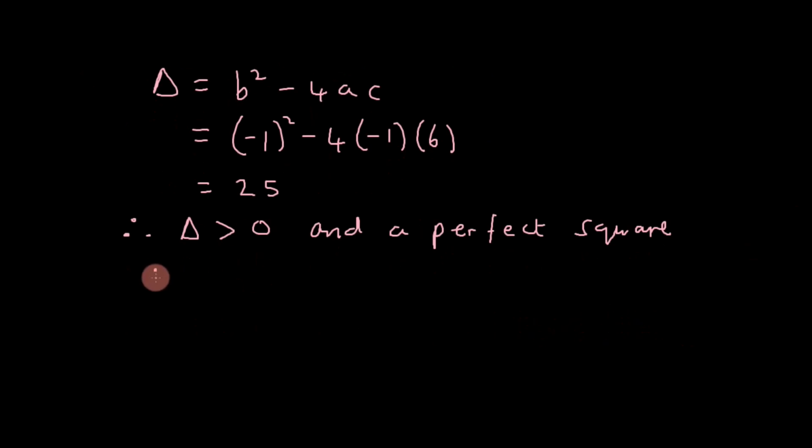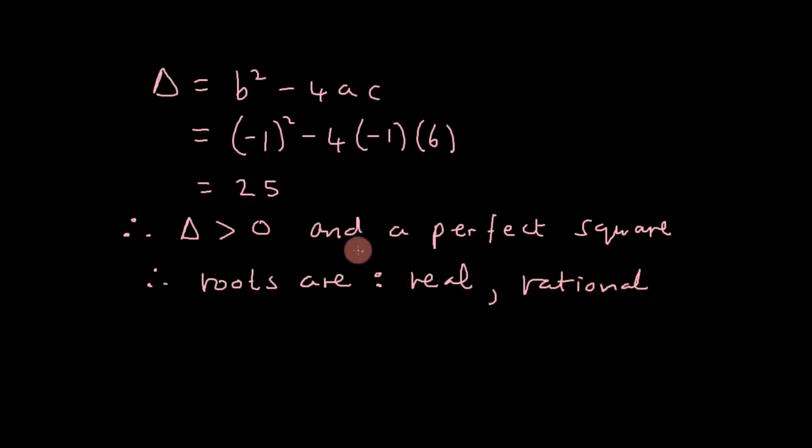So we can conclude that the roots are, firstly, real since delta is greater than 0. Then delta is a perfect square, so they're also rational. And delta isn't equal to 0, so they are also unequal.